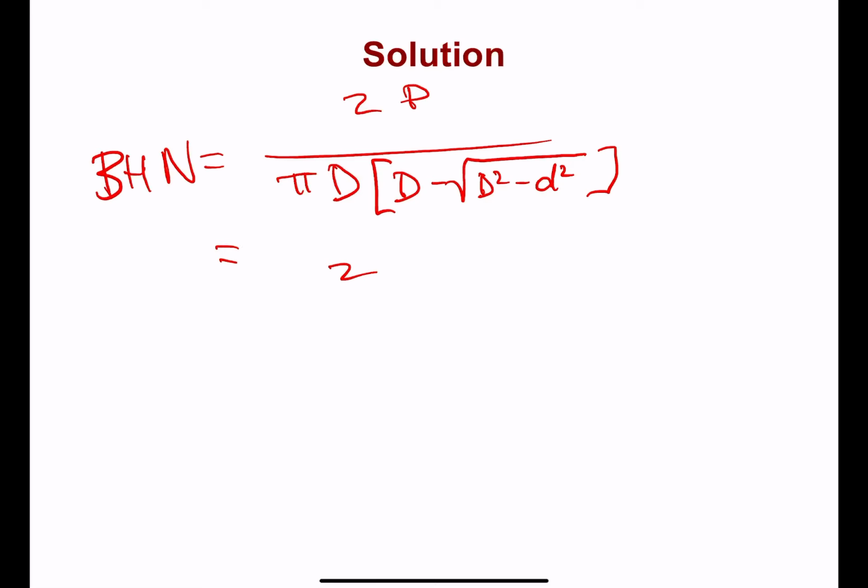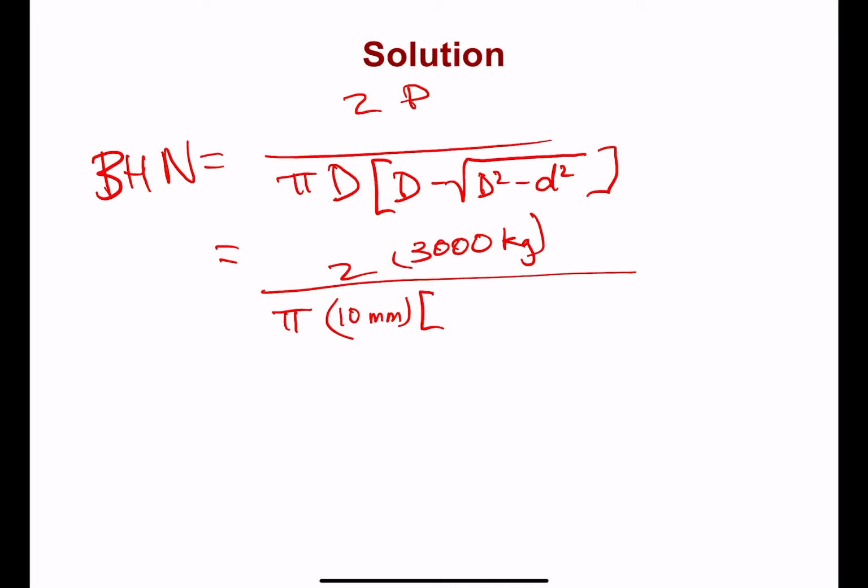So 2 times the load, provided we're in kilograms, so that was 3,000 kilograms, divided by pi, unitless, times 10 millimeters, times the quantity 10 millimeters minus the square root of 10 millimeters squared minus the indent, which here was 3.91 millimeters, squared.